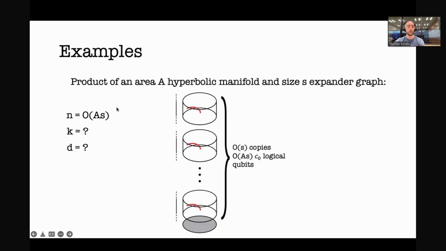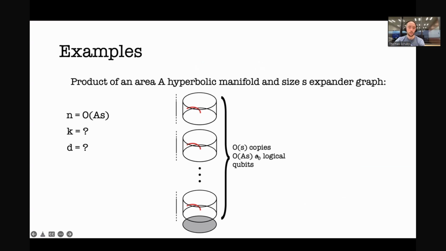And so in our final code, we know we're going to have N is order AS, right? Because it's just the product of a thing with size A times S. And then when we do the ungluing, we're going to get order S copies. And then we know that this has order AS logical qubits, right? Because there's order A logical qubits in each copy, and we have order S copies.